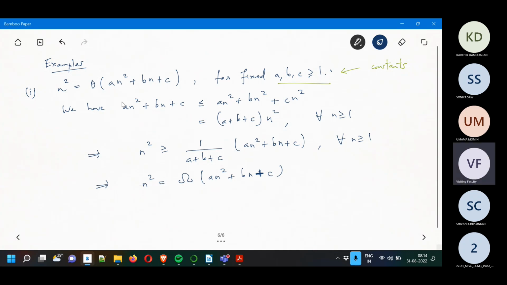Now, how do you bound n square in terms of an square plus bn plus c? So that's where the constants help a little bit. I've taken a, b, and c to be greater than or equal to 1. So already we will have n square less than or equal to an square because a is greater than or equal to 1, and that is less than an square plus bn plus c for all n greater than or equal to 1. So the constant here is just 1. So this implies n square is big O.